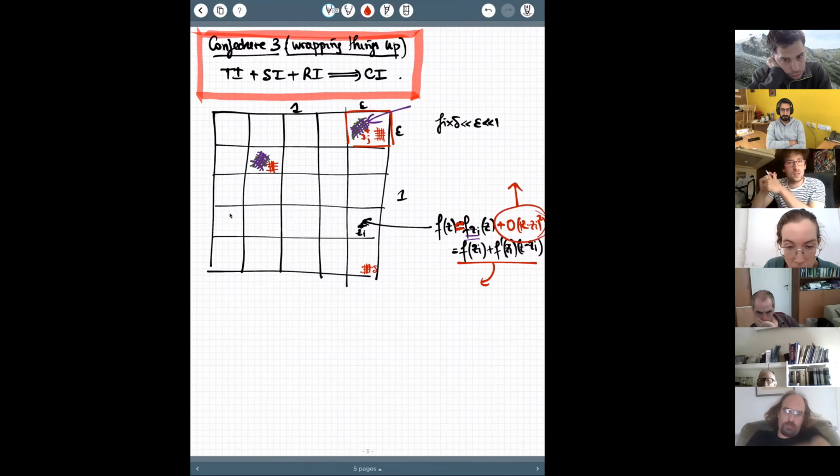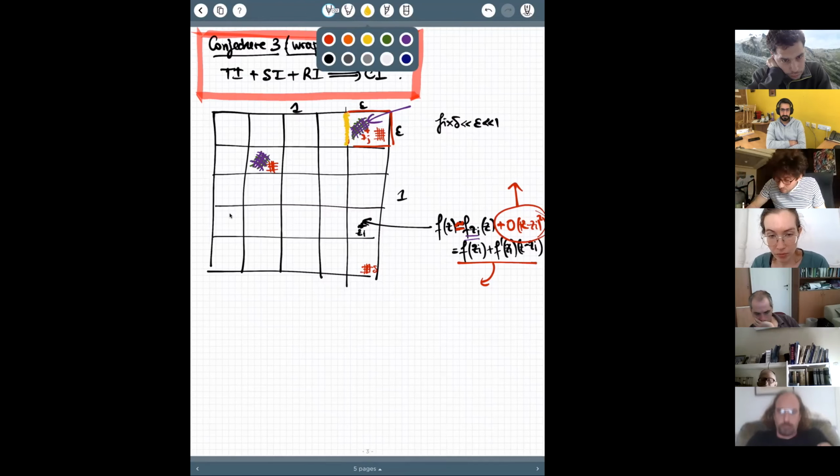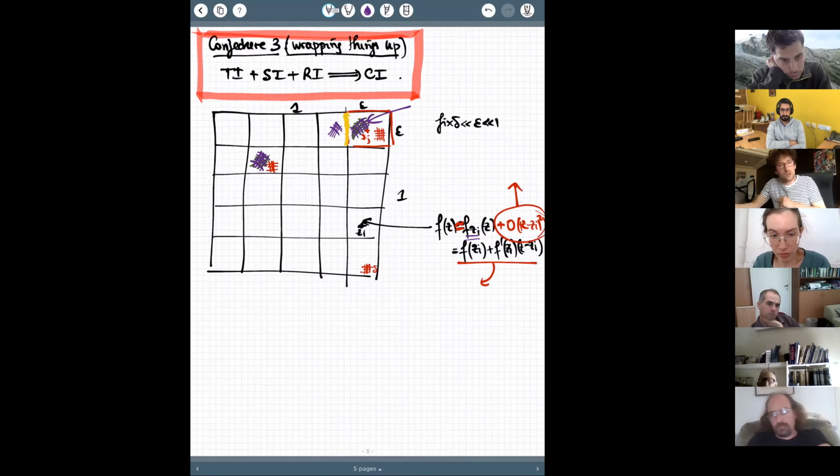The second problem is that at the border, I'm going to do two different approximations. On the left, I'm using the linear approximation in this square, and on the right, the linear approximation on the other square. So there is also a matching that is not obvious at the boundary.